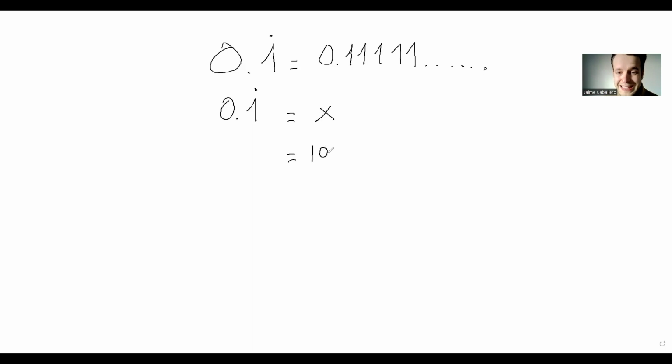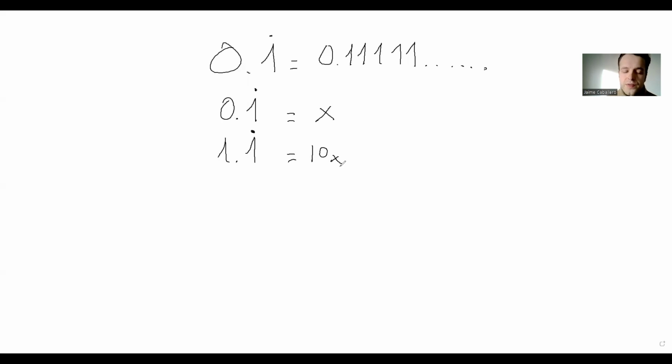So that's 10x. Remember that x was our fraction and our recurring number. So I'm going to multiply our recurring number by 10 also, just like I did with the x. My recurring number becomes 1.1 recurring. We move our dot one position to the right when we multiply by 10, and that's just what I did here.